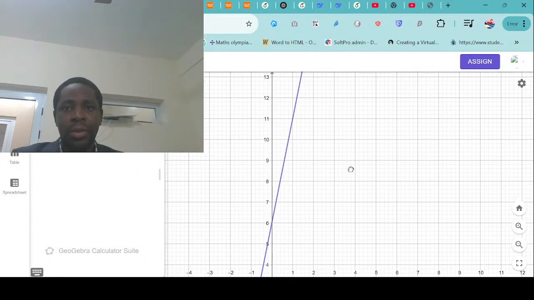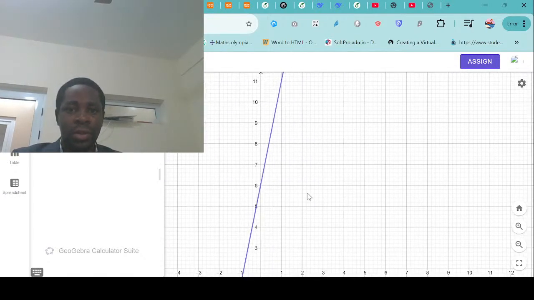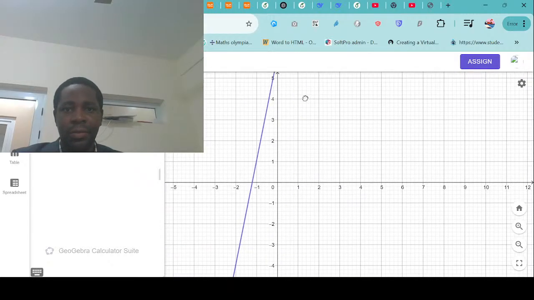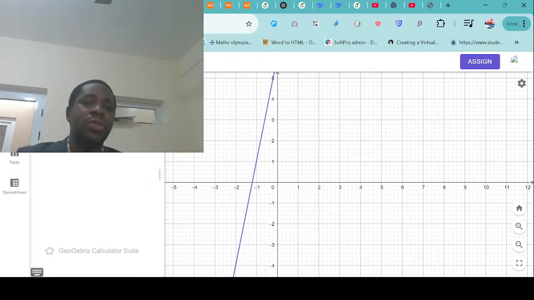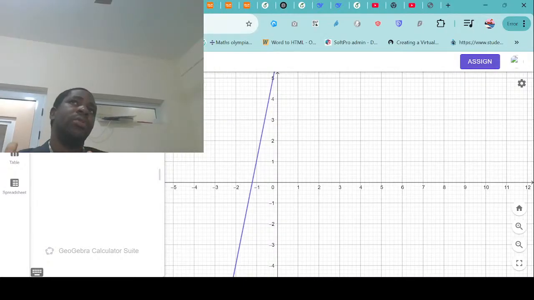So now this graph is not showing for whatever reason, but I think the reason is that we're supposed to have one variable on one side and the other on the other. So what do you think we are going to do so that it becomes y equals something?